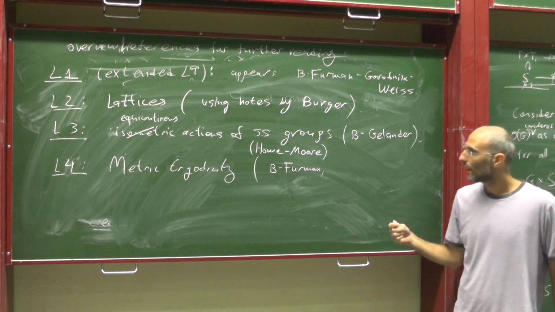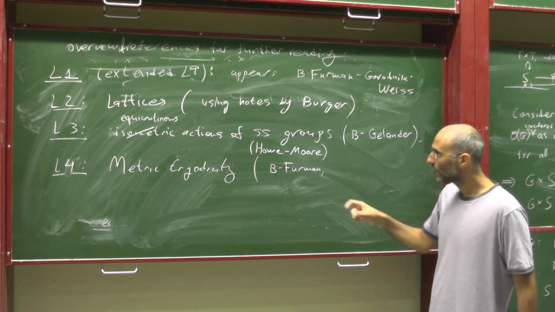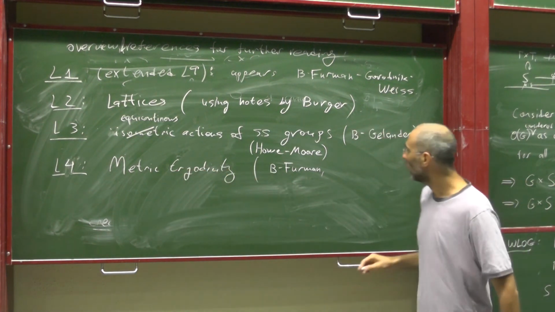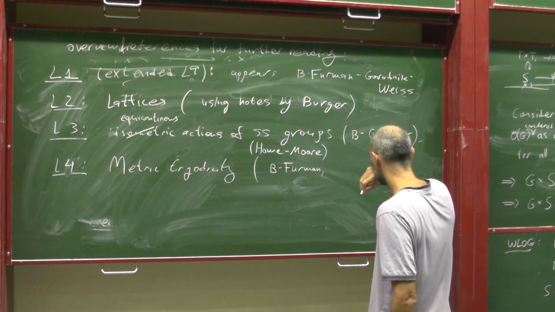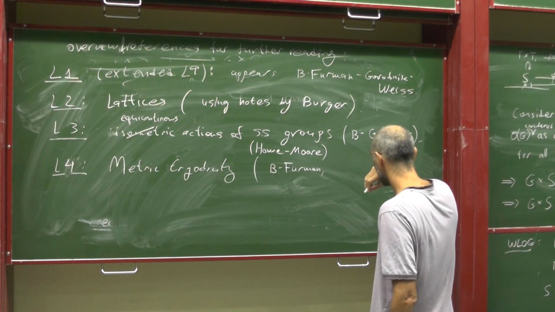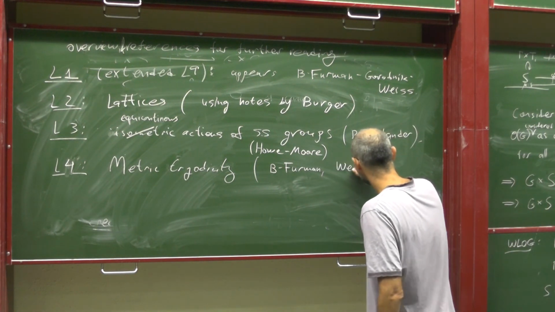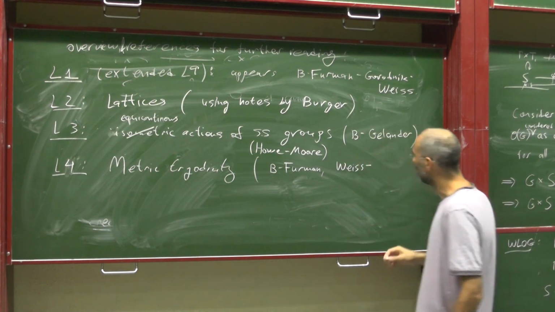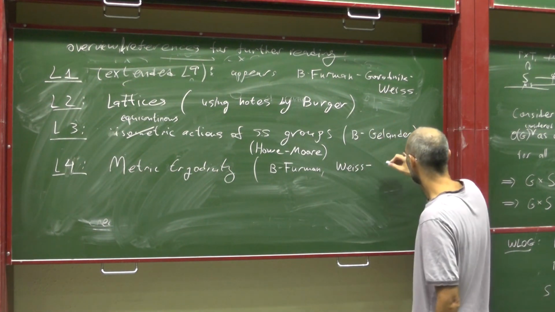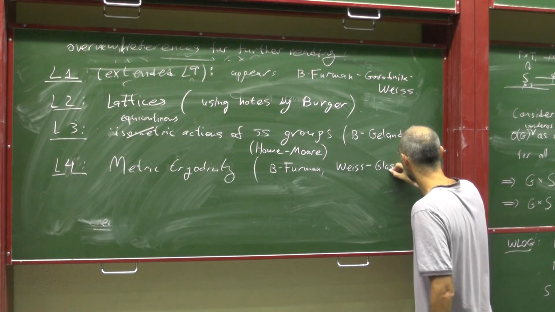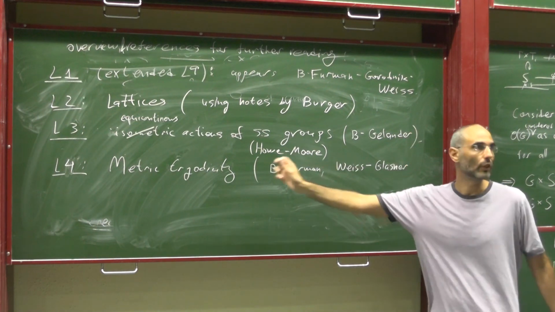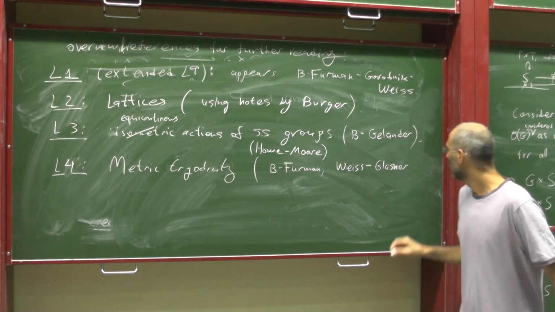This notion is also discussed in the paper by Benjamin Weiss and Eli Glasner. They studied generalities of metric ergodicity.